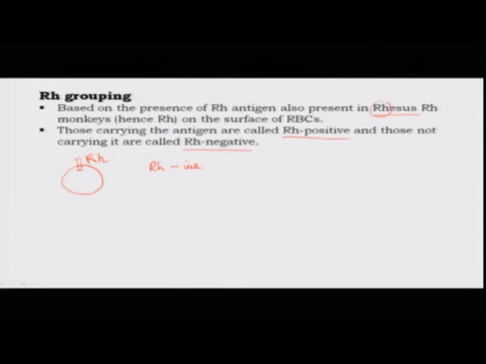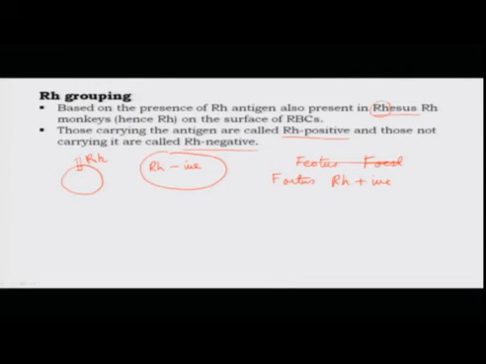However, this is a very important factor to bear in mind during the pregnancy of a woman who is RH negative. If this is a first pregnancy for an RH negative woman, the fetus, if by chance it is RH positive, what will happen? Normally the placenta is a barrier between the blood of the mother and the baby.